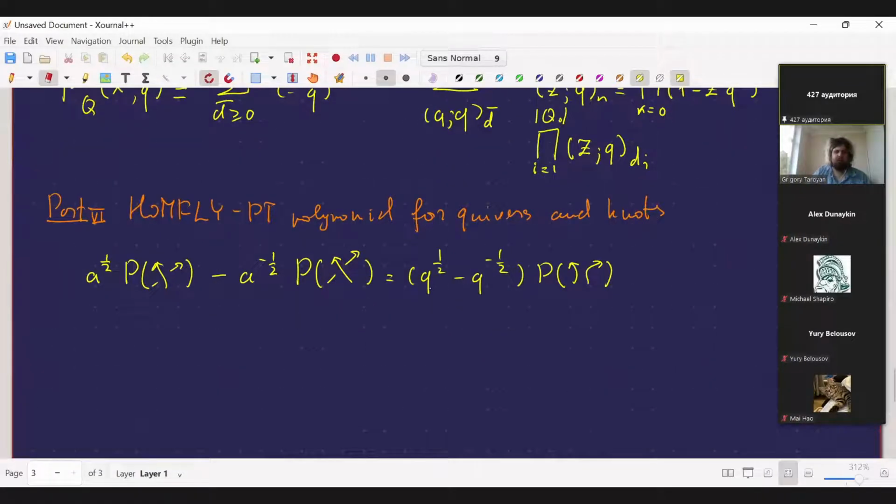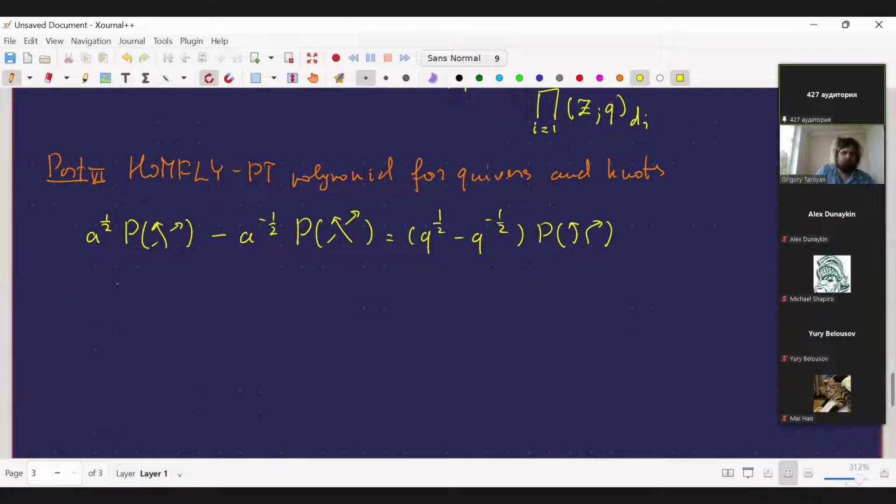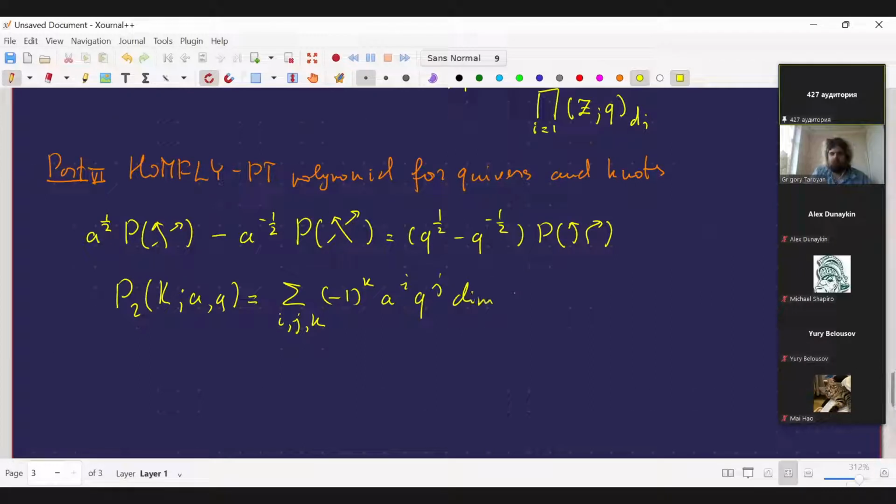Now, if we consider a colored version, then we can write down the following categorified version of this polynomial. So S^R is a totally symmetric representation of SL_N.